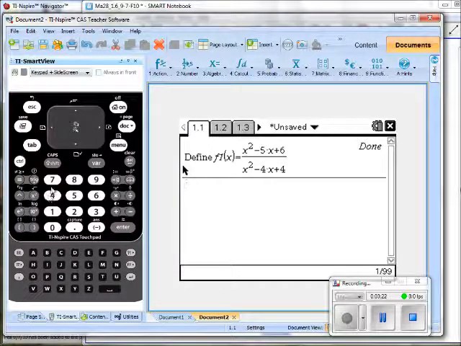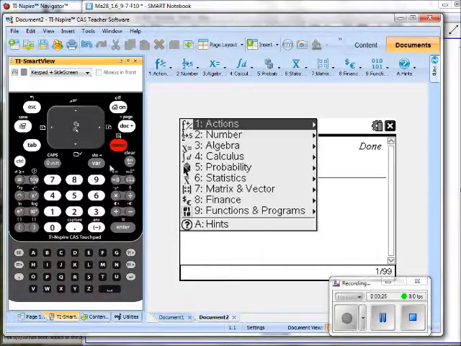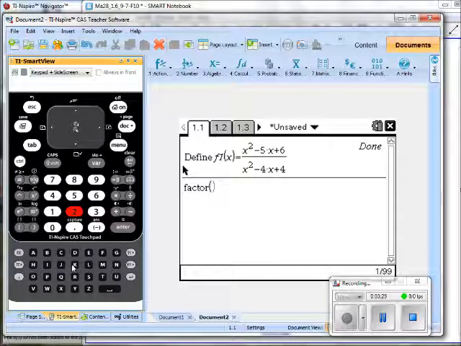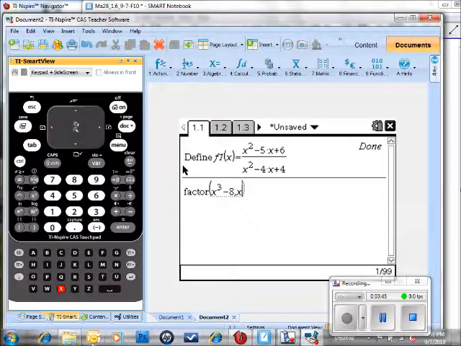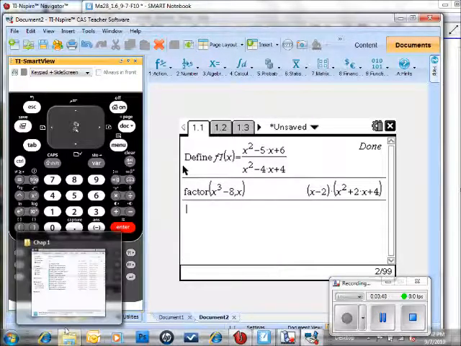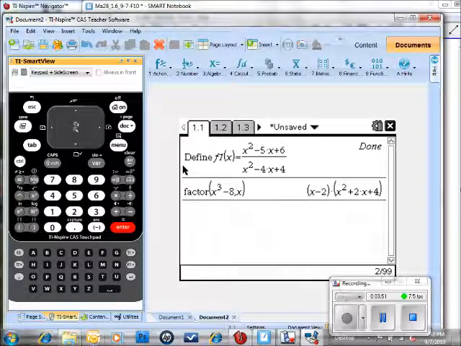So, go to Menu, go to Algebra, go to Factor, and we're going to factor x cubed minus 8. And be sure you put comma x, with respect to x. And that will give you that factorization. Should you know that?